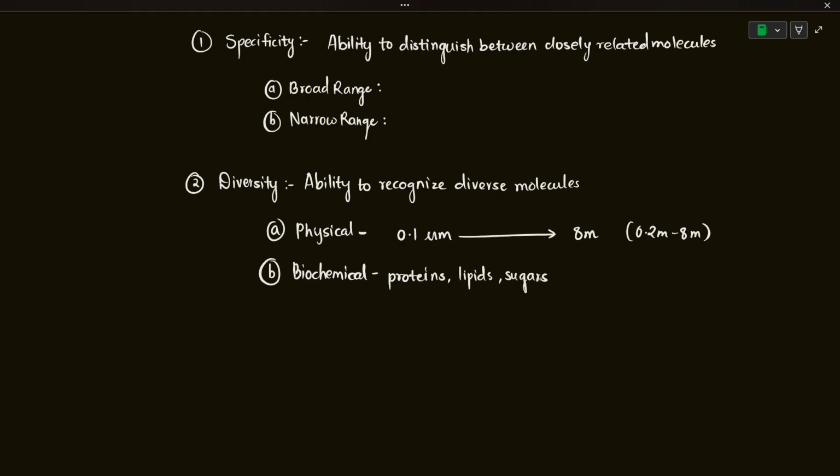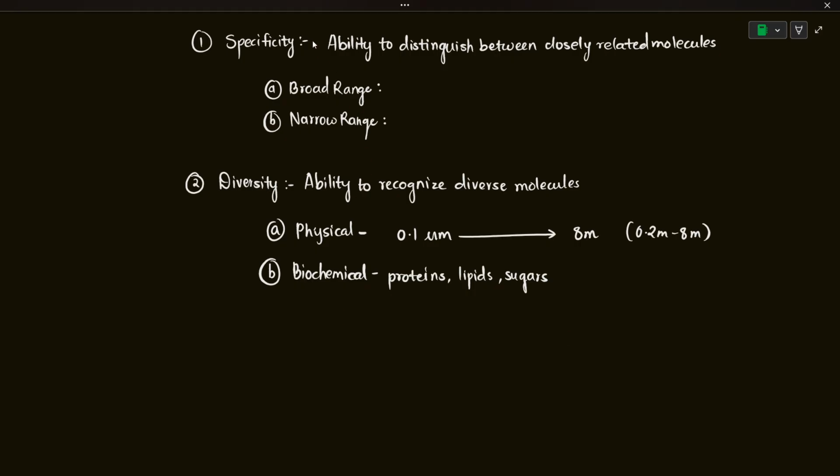So it is able to recognize a wide variety of the biomolecules that are expressed by the pathogens. Not just proteins, it can also recognize lipids, glycoproteins, and sugars. So this is known as biochemical diversity, meaning a diverse variety of biomolecules is recognized by our immune system.